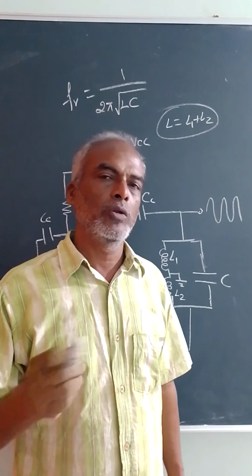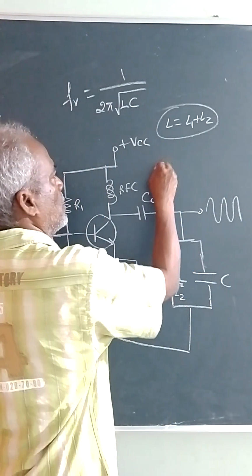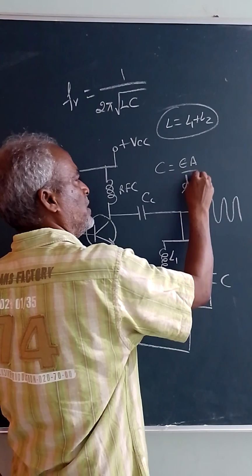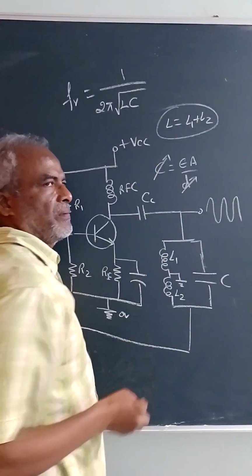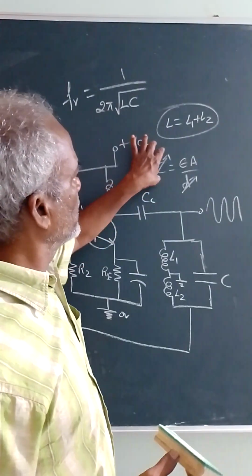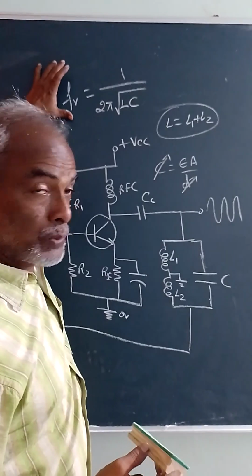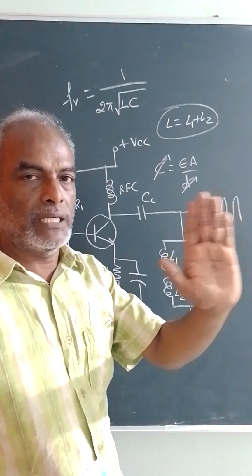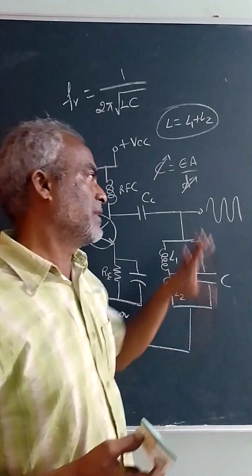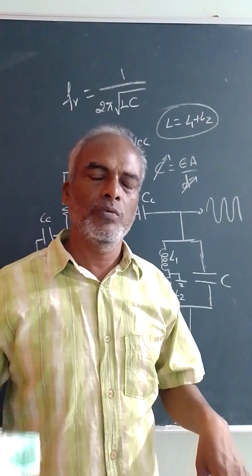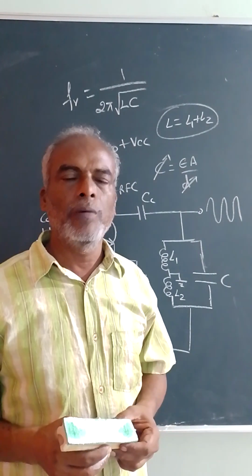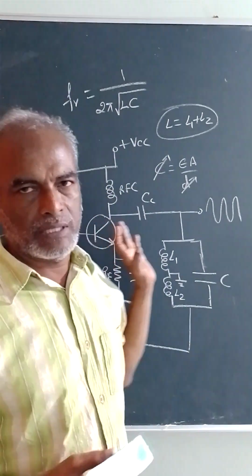Area will be fixed. You all know that C is equal to epsilon A by D. So when D varies, C is also varying. When C varies, the frequency gets varied. So here the output waveform frequency gets changed and the amplitude remains constant. That's how we are able to produce a frequency modulated waveform using a Hartley oscillator.